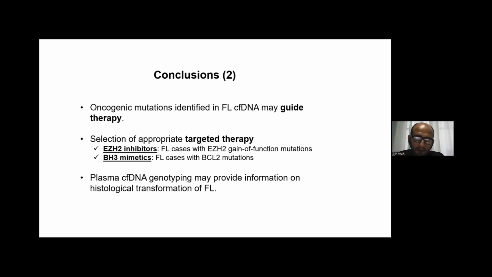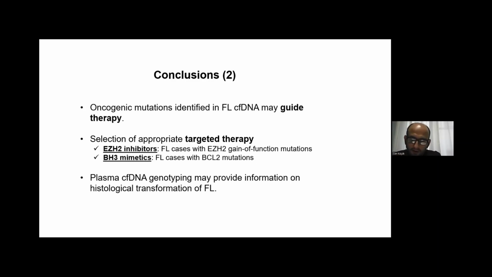Not only this, we can also use these mutations identified in the FL cfDNA to guide the therapy. For example, as I mentioned, FL cases with EZH2 gain of function mutations can be targeted by EZH2 inhibitors. FL cases with BCL2 mutations may also be targeted by, for example, BH3 mimetics.